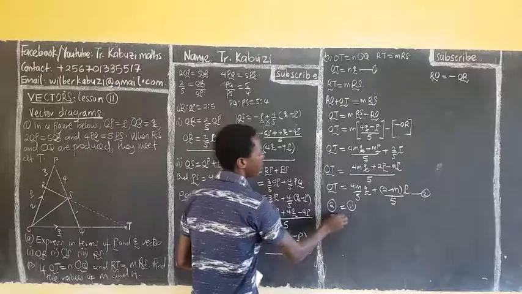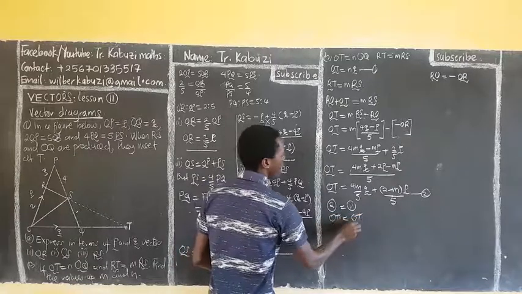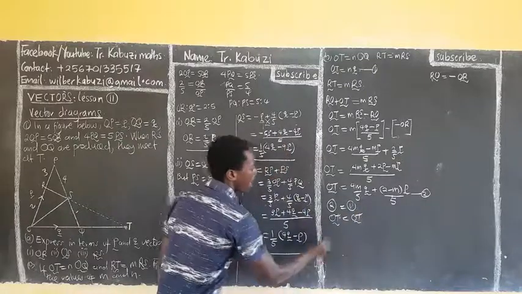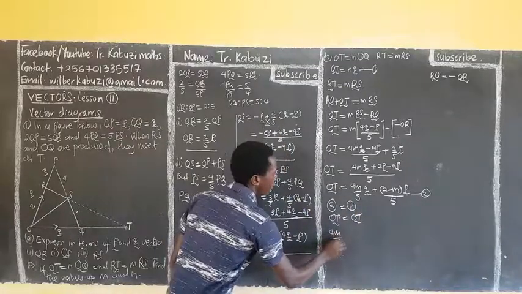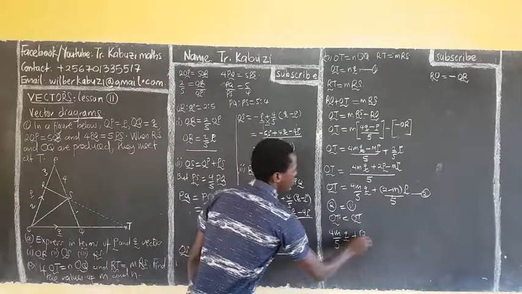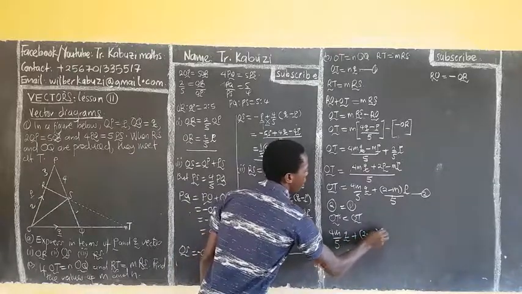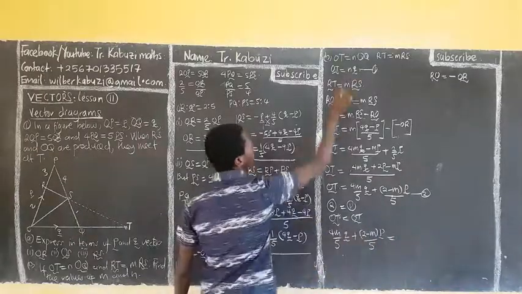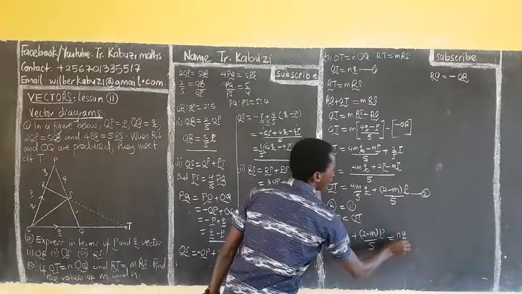How? Our OT will be equal to the other OT. So now my OT of equation 2 is 4M over 5Q, now plus (2 minus M) vector P, the whole over 5, equaling to OT of equation 1, which is NQ.